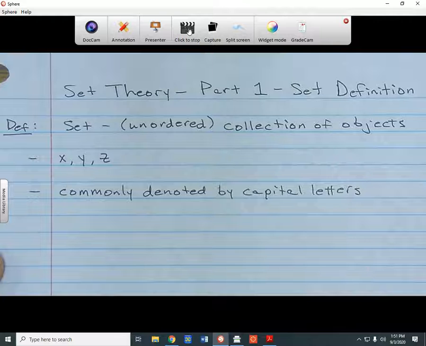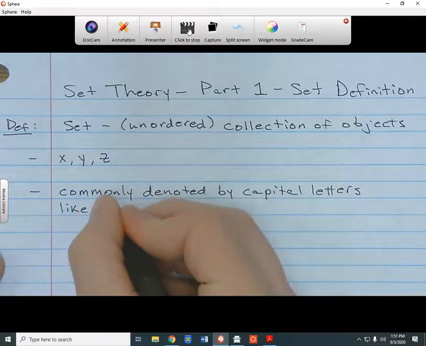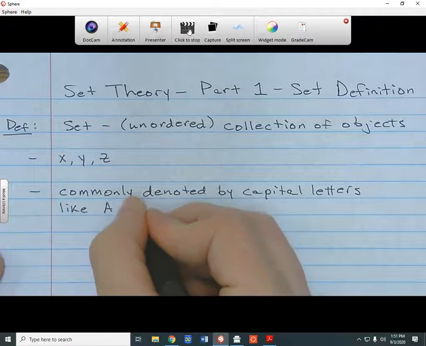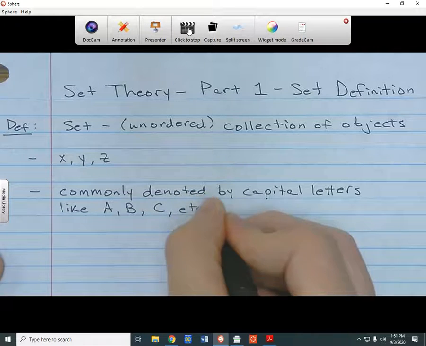These capital letters can be like capital A, capital B, capital C, and so on.